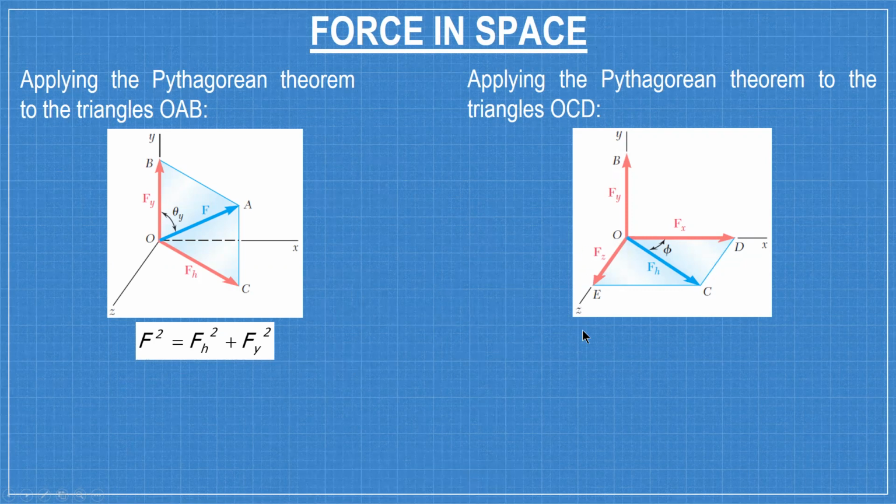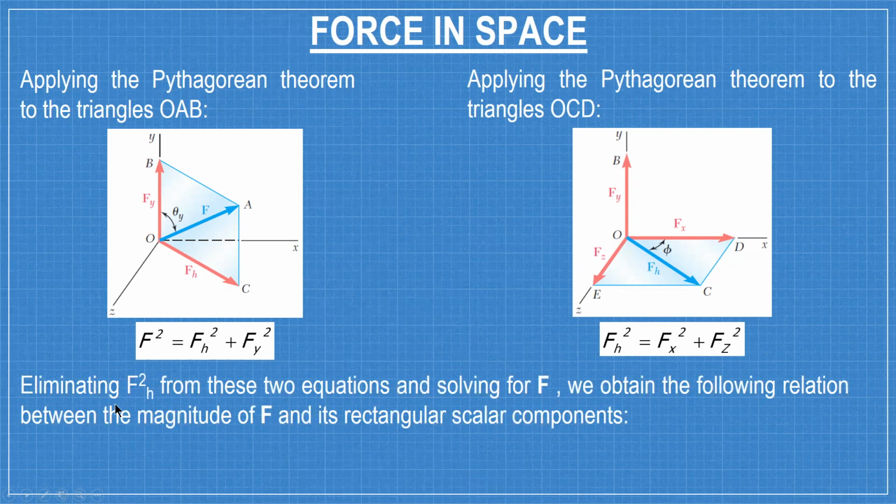And you have this expression, Fh squared equals Fx squared plus Fz squared. Combining, we eliminate Fh squared from these two equations: this Fh squared will be replaced by this. So the result is F equal to the square root of Fx squared plus Fy squared plus Fz squared.